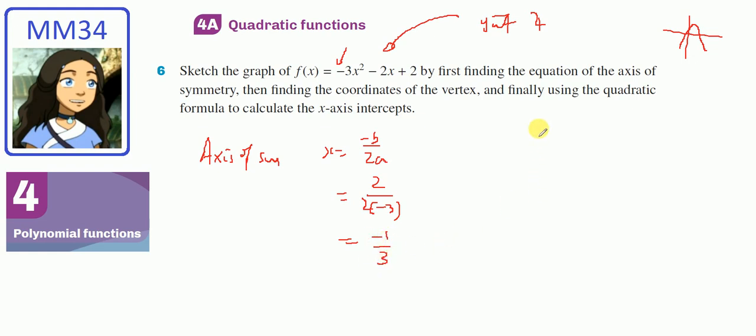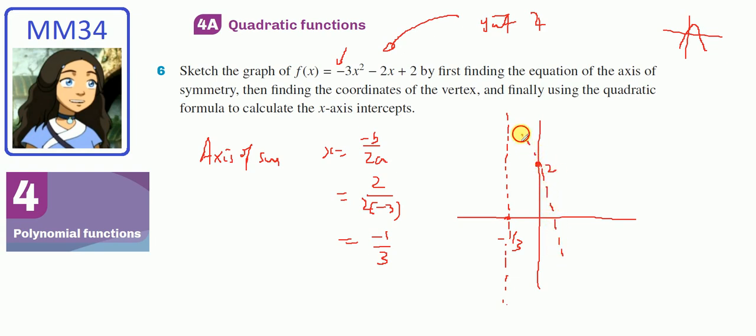So the axis of symmetry is going to be at negative 1/3, which means it's going to be somewhere down here. And since it goes through at 2, I suspect my parabola is going to look like that sort of parabola.